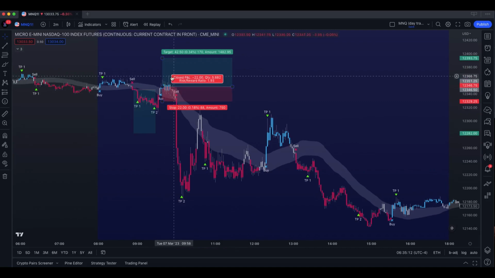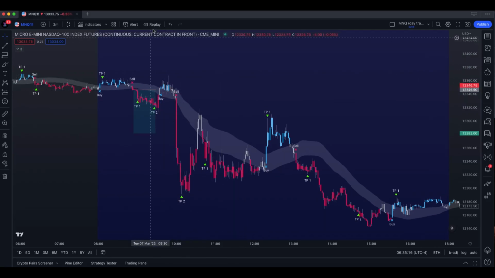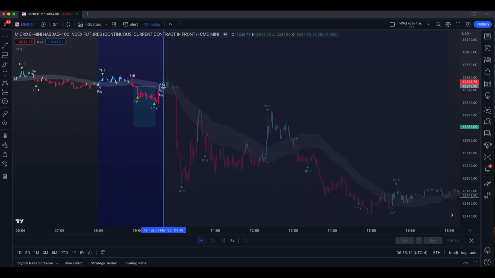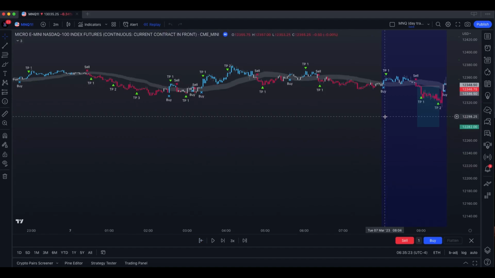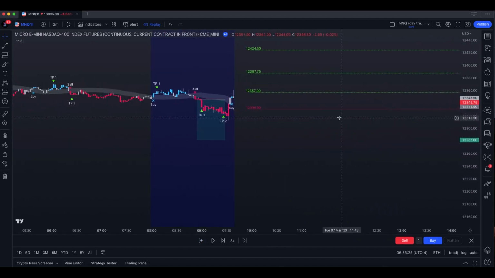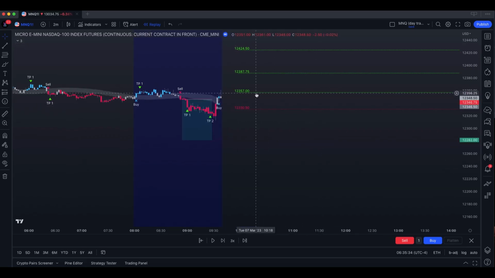There's no TP1. However, I bet that if we go into the replay, you typically get your levels. There you go. So you get your take profit levels already marked on chart. In this case, because the volatility is quite low, the indicator here is recommending that you keep your first target to a very low level.